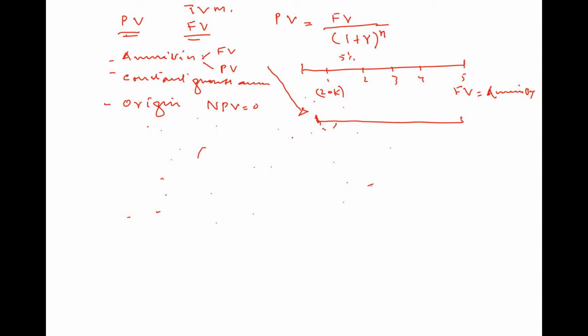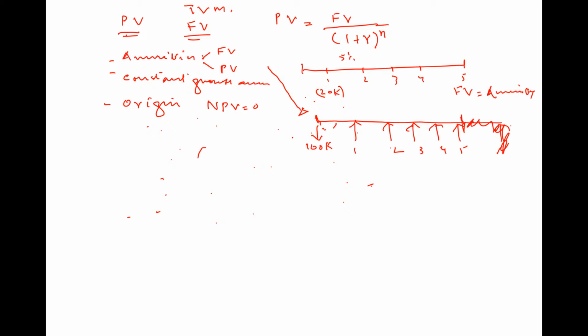If we draw the timeline, I am getting 100k from the bank, and I need to make 5 payments back to the bank at time 1, 2, 3, 4, 5. Here is the end.